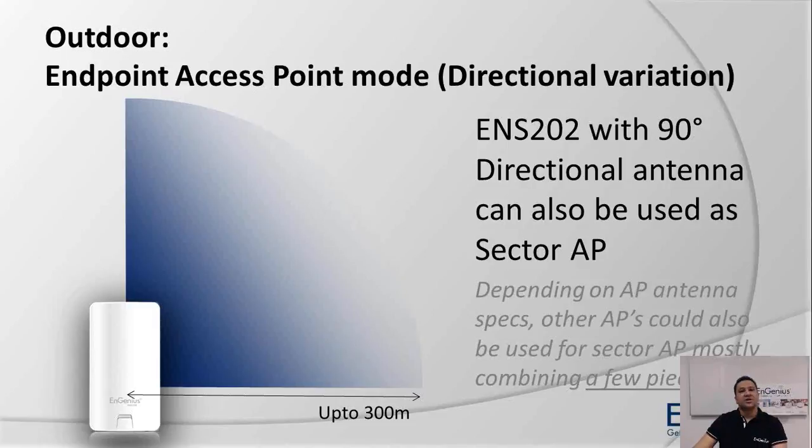So for instance, the ENS202, which has a directional antenna, has an angle of 90 degrees, so it can cover a 90-degree sector. In this case, you can cover a square starting from a corner, for instance. And for certain deployments, this could be a very suitable solution.